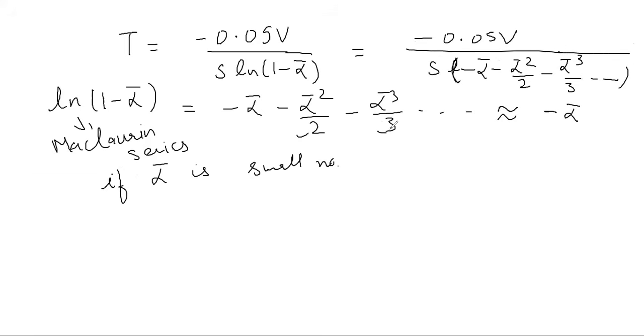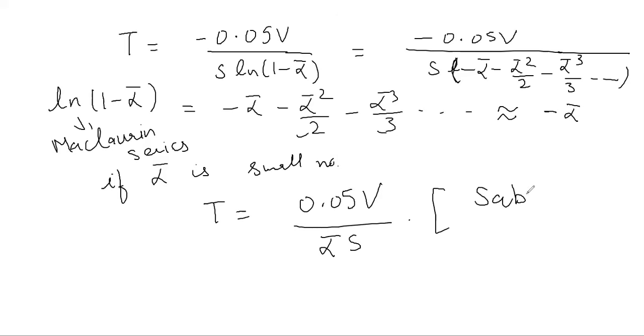For example, if you have alpha bar, let's say 0.1, if you take the square of 0.1, it's going to be 0.01. And then we can ignore the higher order terms. In that case, your T would come out to be 0.05 V over alpha bar S, because now this minus and this minus would become plus, which was the expression that was given by Sabine.